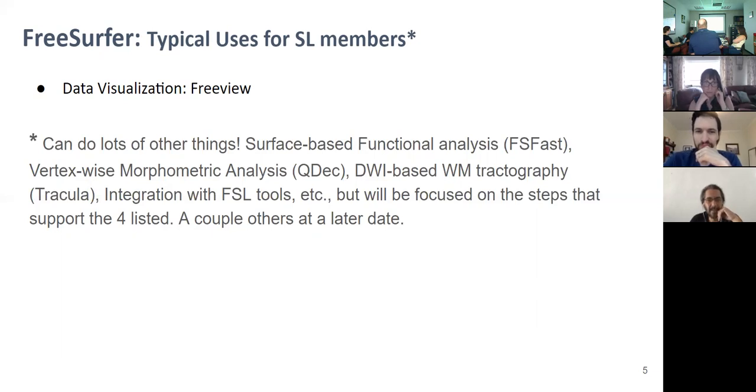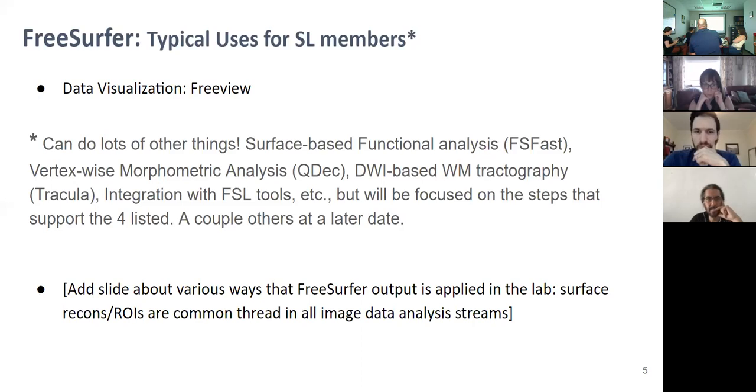But we'll just focus on the structural MRI, segmentation, parcellation, and ROI. And here's a note to self about all the ways that we use the FreeSurfer output in the lab. So I think we're familiar. We use it for co-registration of images. We're using it for actual morphometric analysis of differences in structure, the volume of an area, the thickness of the cortex in an ROI.